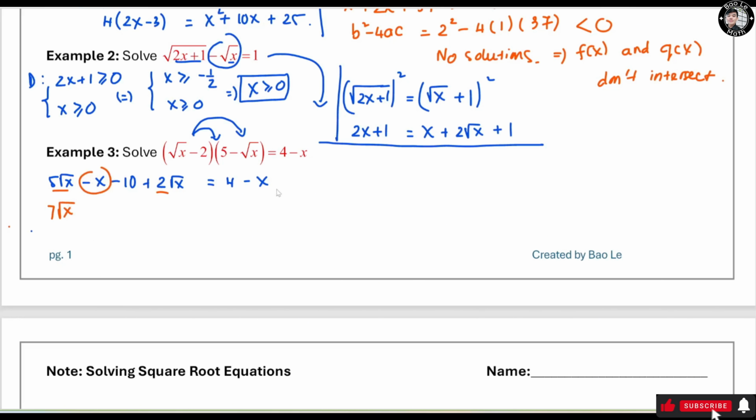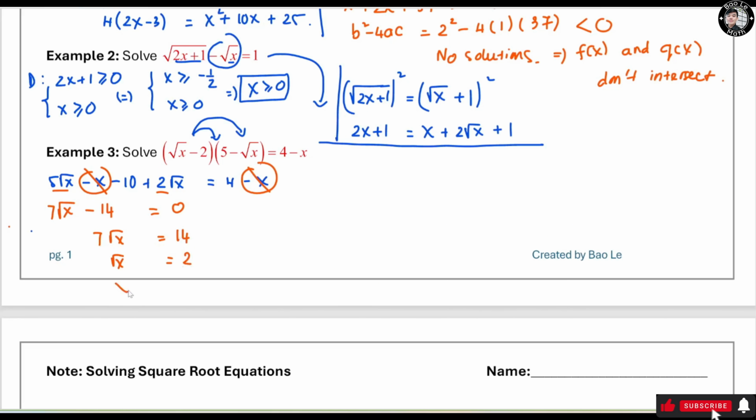Now this and this are the same, so they cancel out. Now subtract 4 from both sides, it's going to be negative 14. So I'm going to add 14 to both sides. It could be 7 square root of s equals 14. So square root of s equals 14 divided by 7, which is 2.